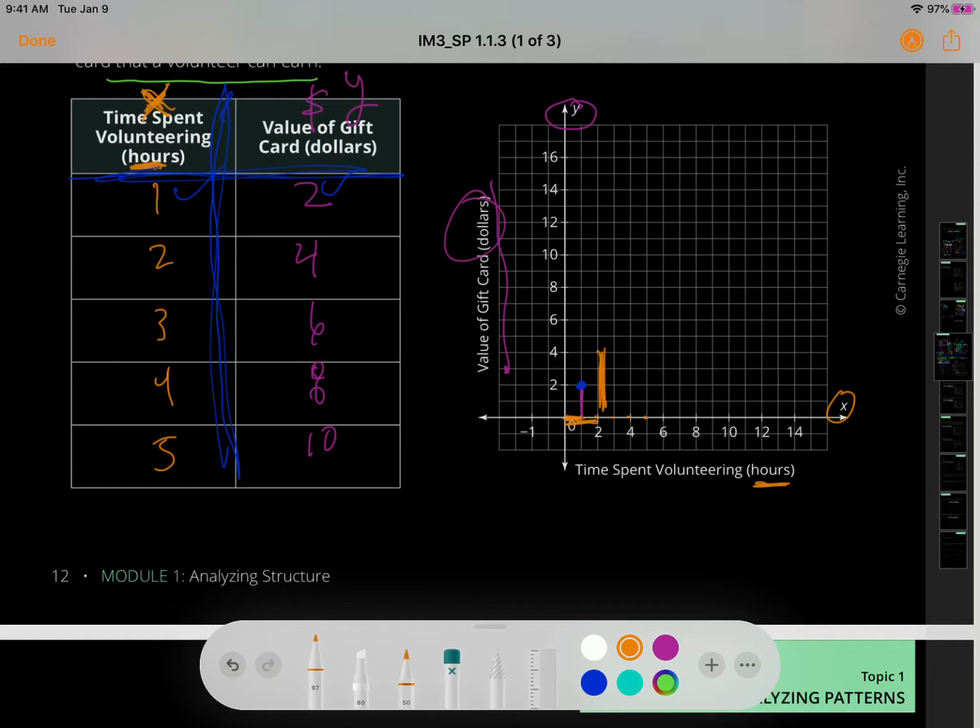Right 2, and then up 4. And that gives you the ordered pair, blue, 2, 4. And then you can just keep going. Right 3, up 6. Right 4, 4 hours volunteering gives you an output of $8, and 5, 10.